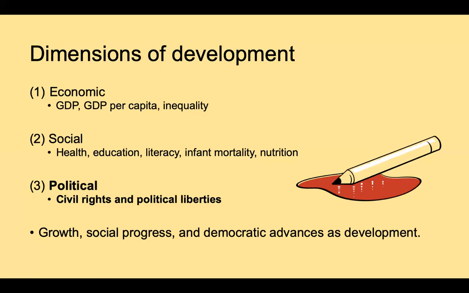But for now, what we can say is that when we incorporate the political dimension, development becomes something totally new and different and more encompassing. And really, it becomes growth, social progress, and democratic advances as development.